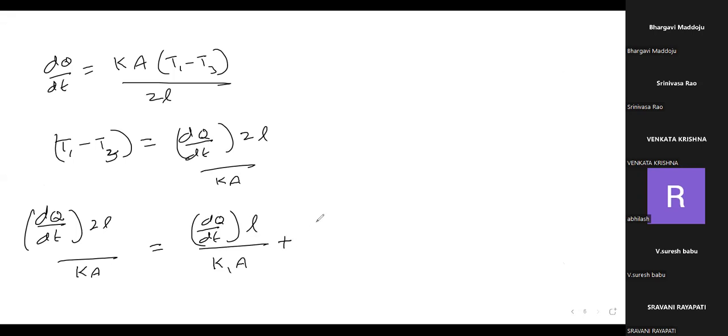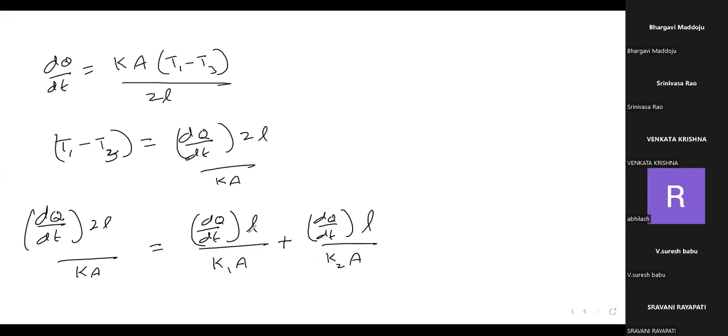Similarly for the second rod, L is the length, K2 is the thermal conductivity, and A is the area of cross section.